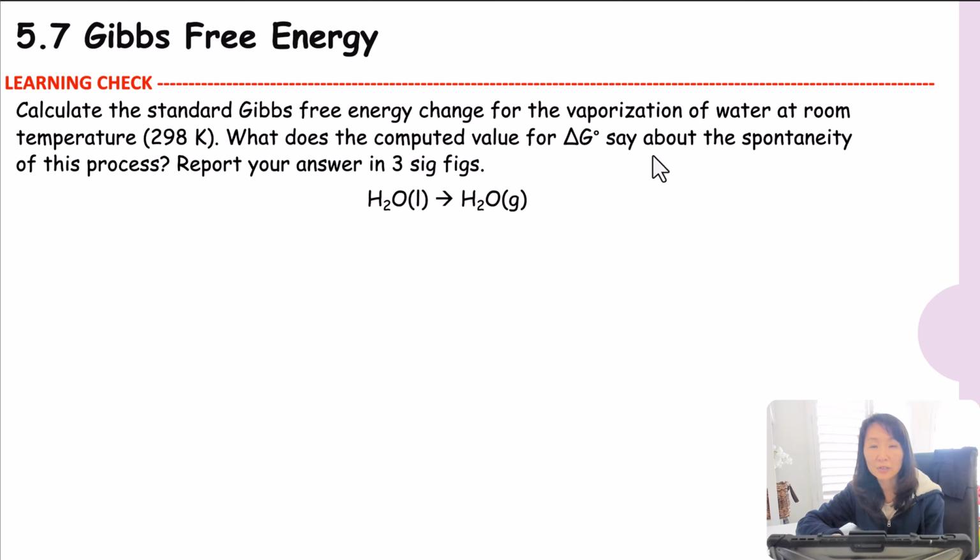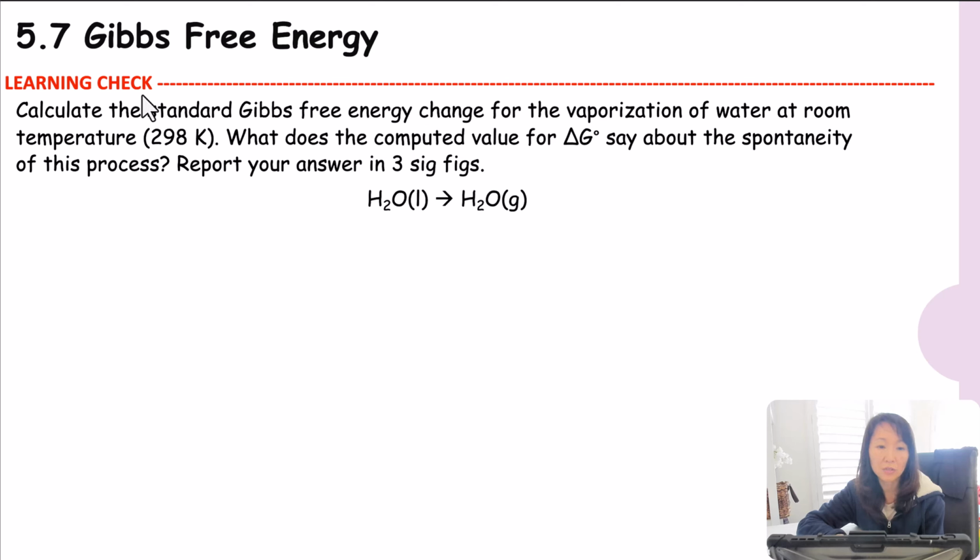Report your answers in 3 significant figures. So you see water turning into water gas. And it's saying at 298 K, what is the standard free energy value, and is it spontaneous or not?